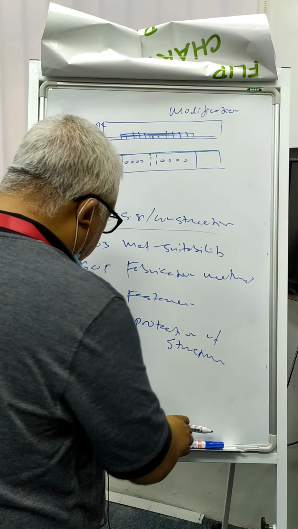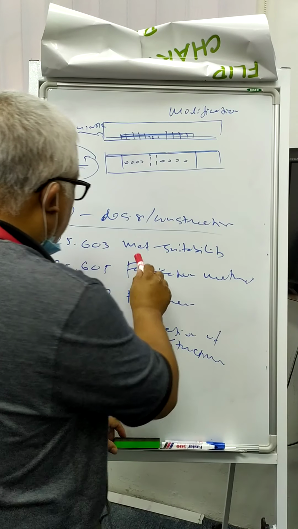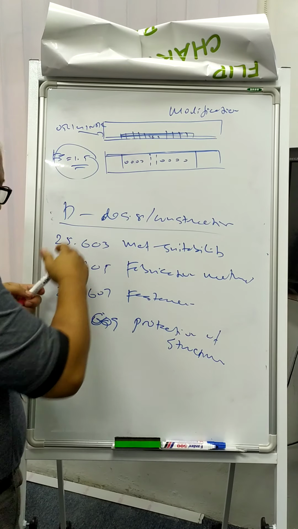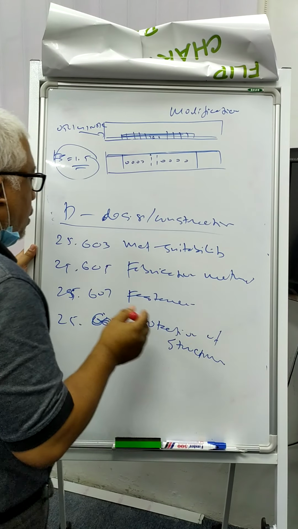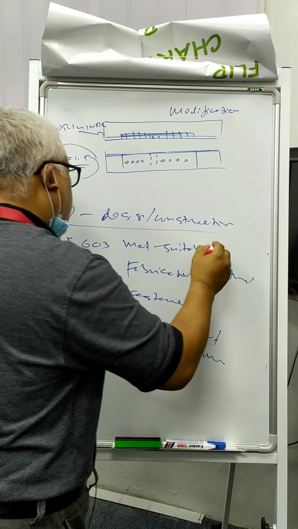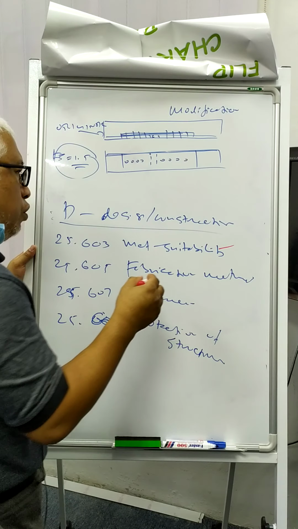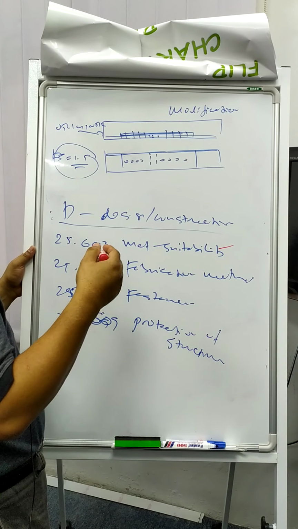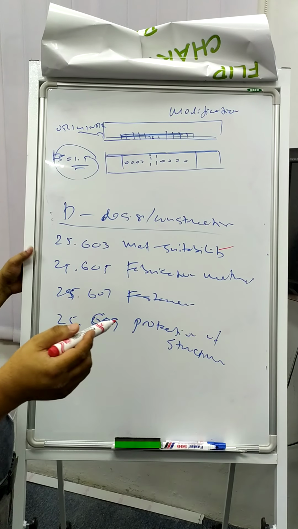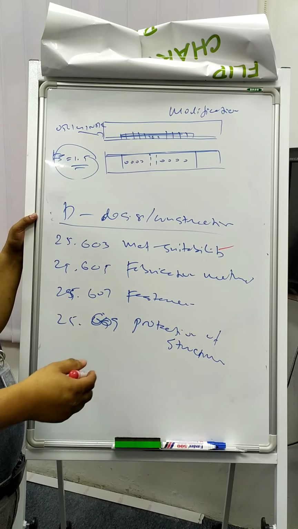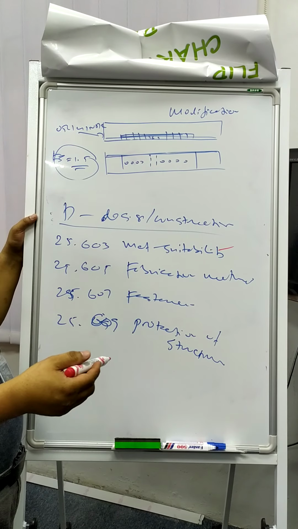Okay, for this situation here, 603 material suitability. I'm not talking about a new design. If we talk about a new design, then it is more complex. That's why material suitability is no issue, because we use material as available in the structure repair manual. We use whatever material is listed in the structure repair manual.